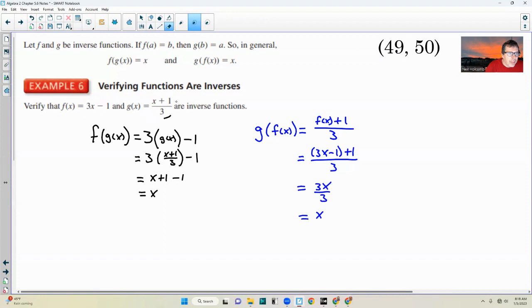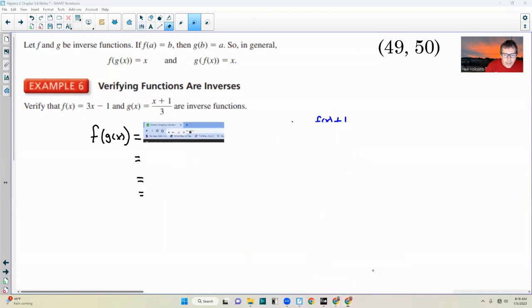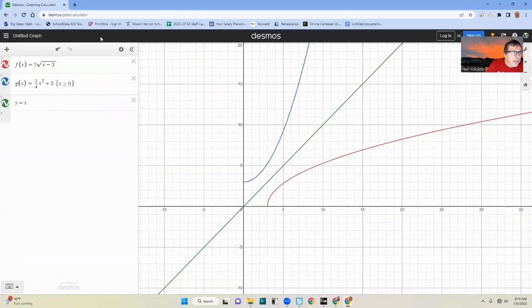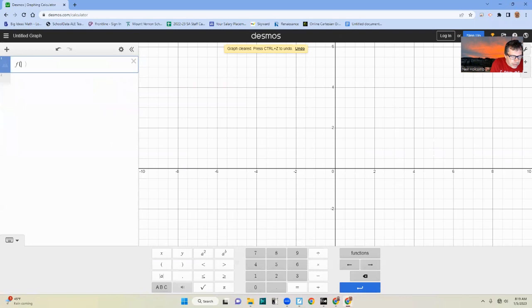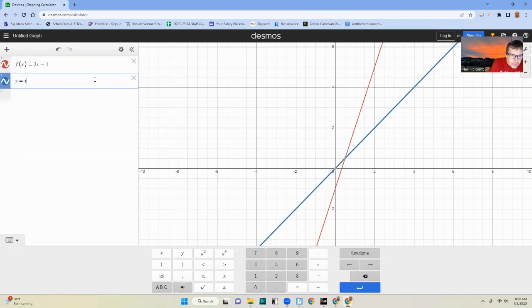And I'll show you in a graph. So f of x equals 3x minus 1. And of course, I'm going to graph the y equals x line.